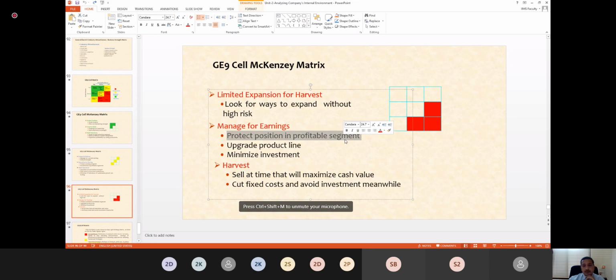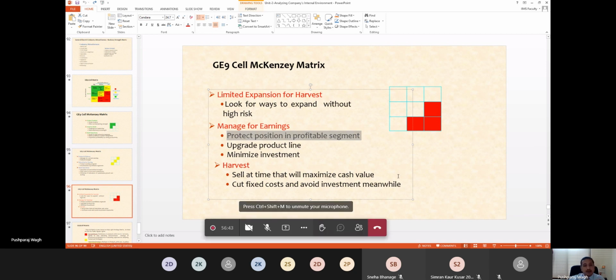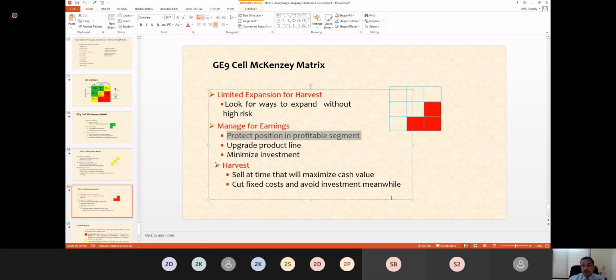We can limit our focus only to a few profitable segments, and that is how we can get some earnings through those particular segments, by focusing only on a few attractive businesses. That we can do with this.